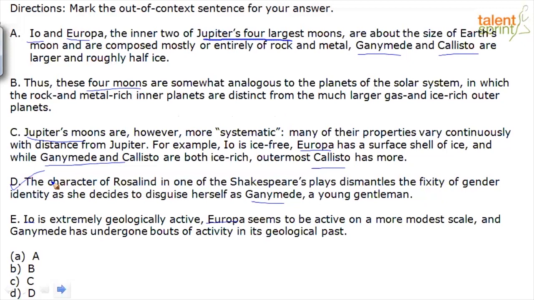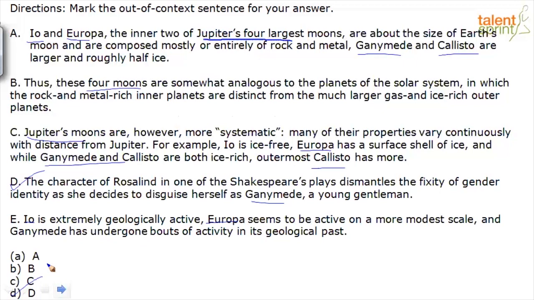Ganymede has undergone bouts of activity in its geological past. So we can safely say that D is the one that is out of context here, where A, B, C and E all are in one way or the other referring to Jupiter's 4 moons, right? D, on the other hand, is talking about something completely different, the character of Rosalind in one of Shakespeare's plays.